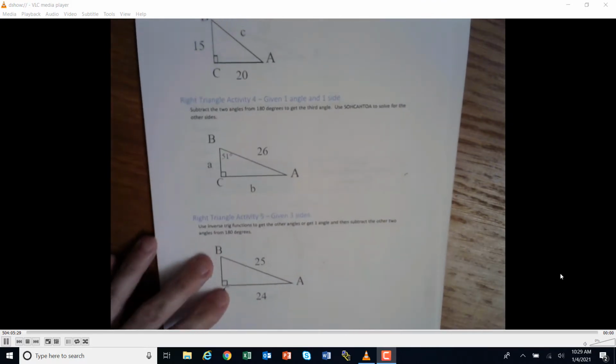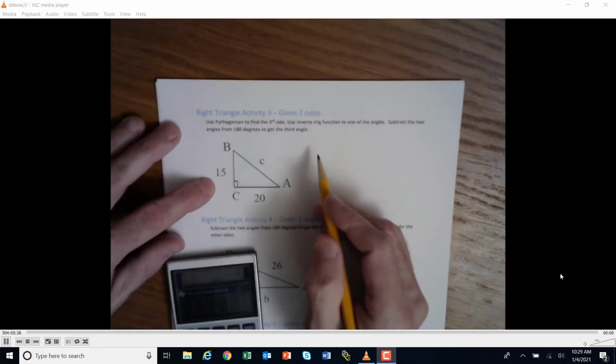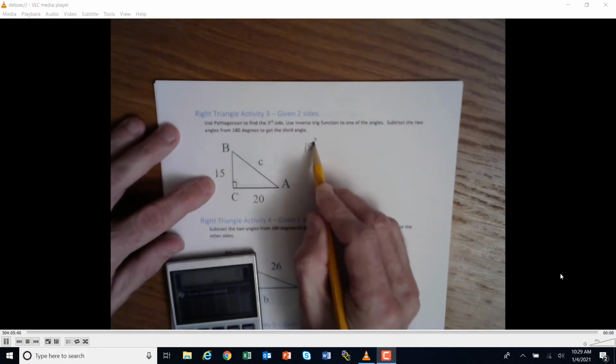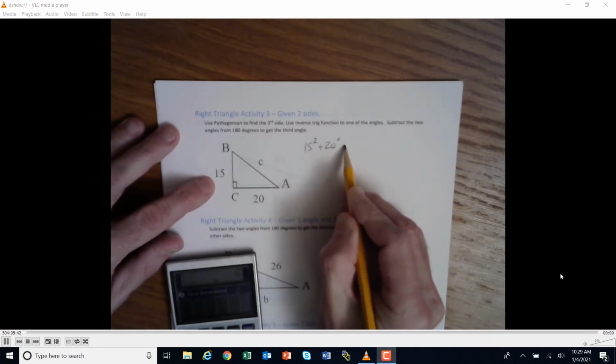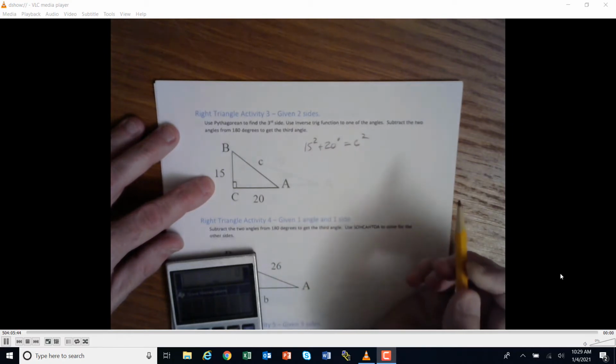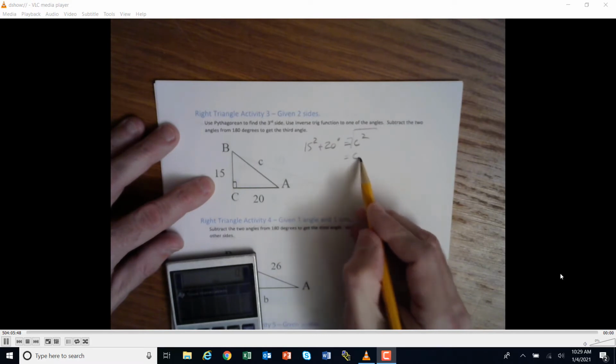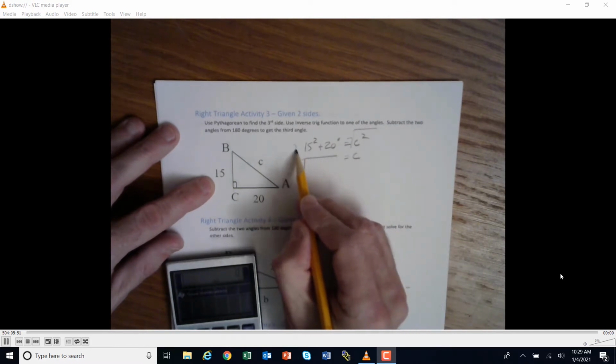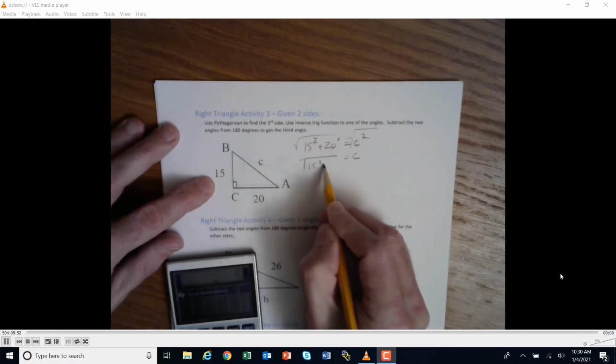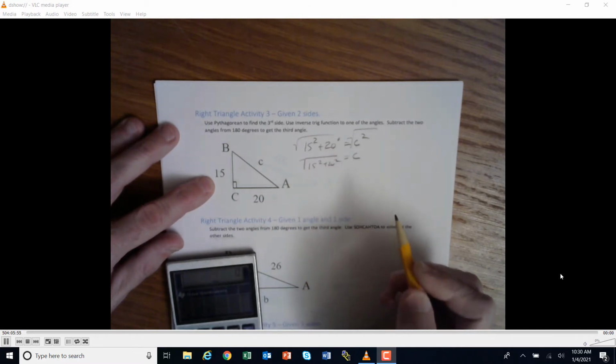Got quite a few more to do here. We'll practice. Use Pythagoras to find the third side. So the third side is easy here. We know that we have 15 squared plus 20 squared equals c squared. In order to do this, we have to take the square root of this side so that we end up with just c. So the square root of 15 squared plus 20 squared equals c.